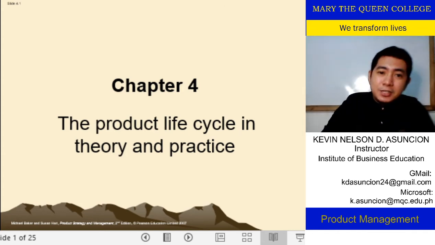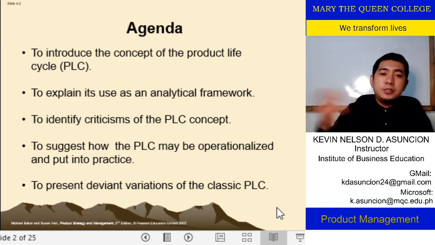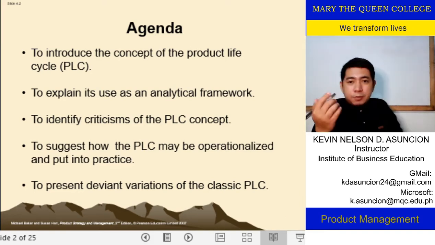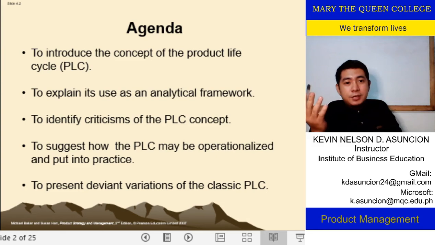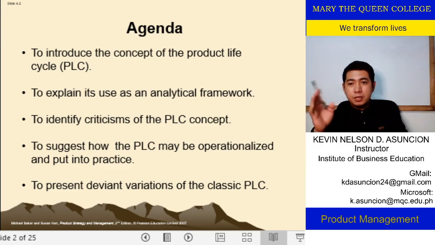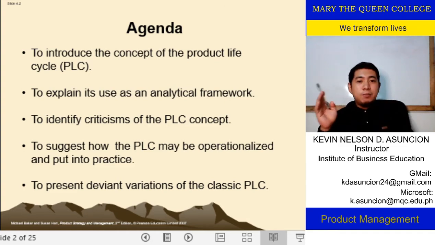Our agenda for this session is to introduce the concept of the product life cycle, the PLC, to explain its use and analytical framework, so how does it work. Then to identify criticism of the PLC concept, because it might not be perfect, and to suggest how the PLC may be operationalized and put into practice.